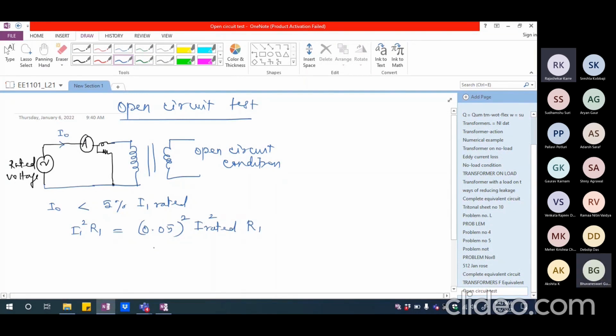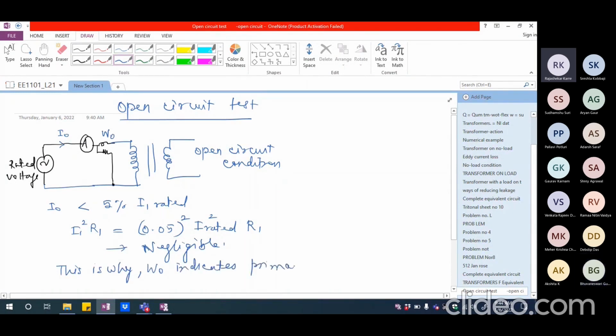So it is negligible. This is why the wattmeter reading you get, you may call this W0 because it is the open circuit test. That's why W0 indicates primarily the core losses.